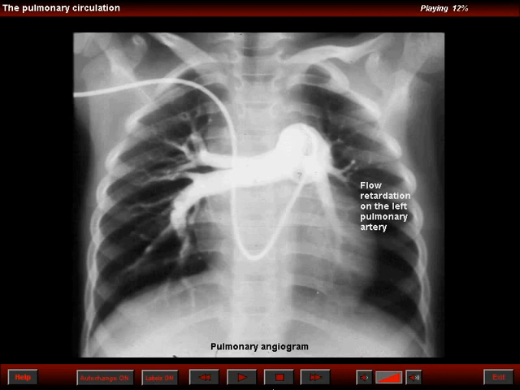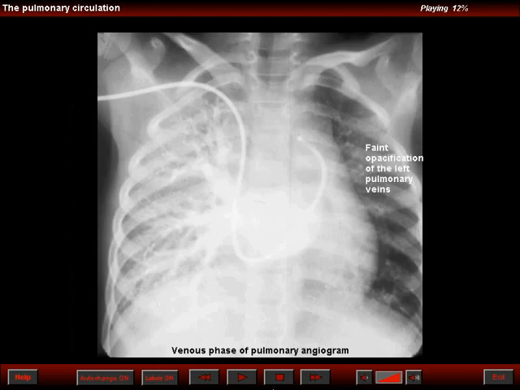Selective pulmonary angiogram shows flow retardation through the left pulmonary arteries. Note how the right pulmonary arteries fill readily, and we faintly see the proximal left pulmonary arteries. In the venous phase of the pulmonary angiogram, we see opacification of the right pulmonary veins and absence of filling of left pulmonary veins.